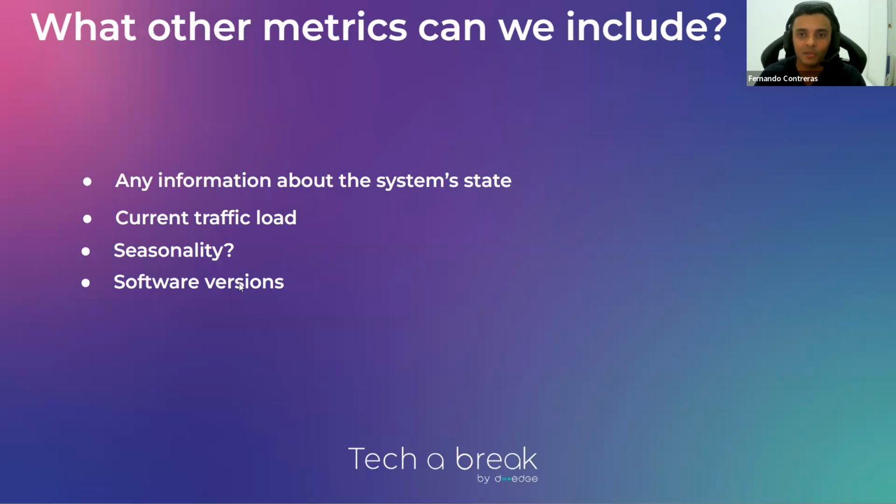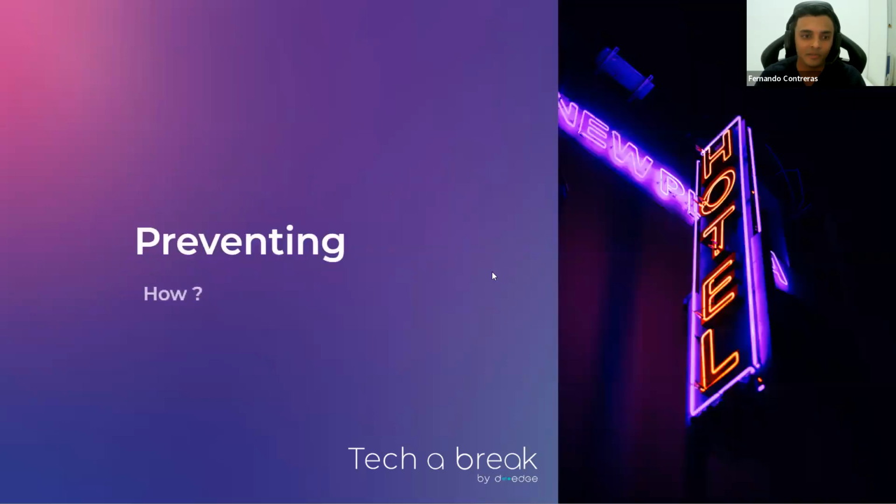Then you might also spot that one specific version of the software that you deploy is having more impact on performance, negative or positive, than the others. And this is a very interesting metric to include in the feature importance computation.